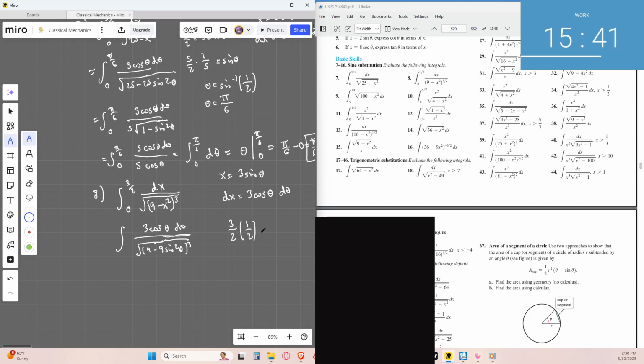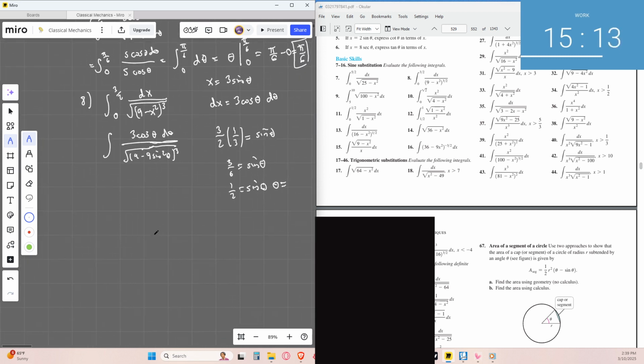And for the parameters, multiply that by a half. No, what am I doing? Not a half. It's supposed to be a third. And they're giving us that, thereby reducing it to make it a half, meaning that theta is equal to pi over 6 again.